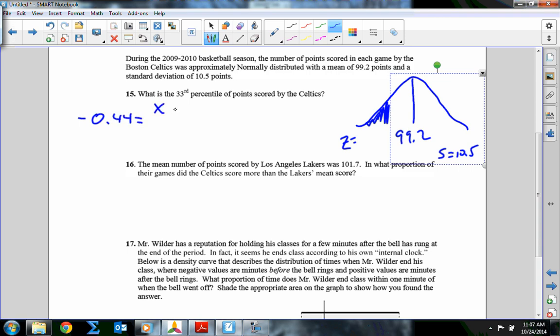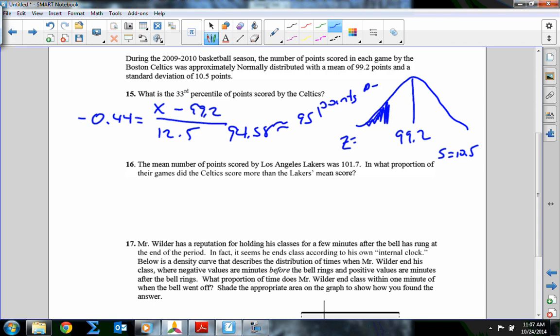And that's my value and my mean and my standard deviation. And a little algebra 1 magic comes out to be 94.58, which I'm going to approximate to 95 points per game. You want to make sure that you're always interpreting in context.